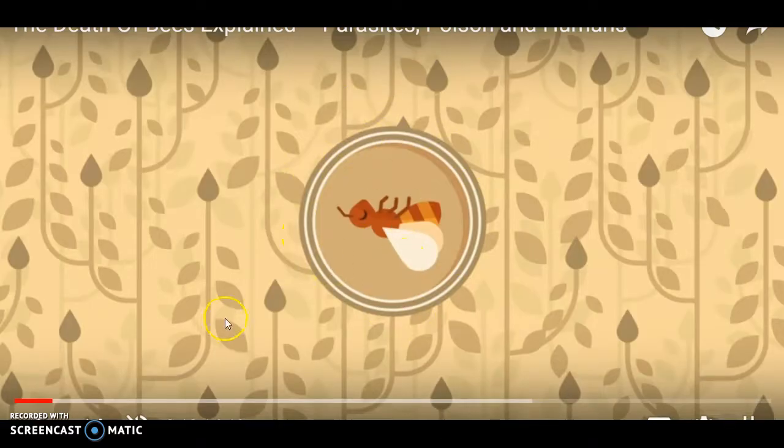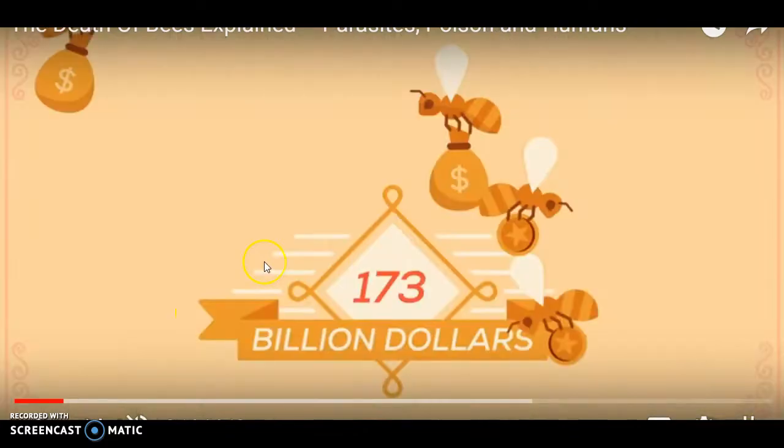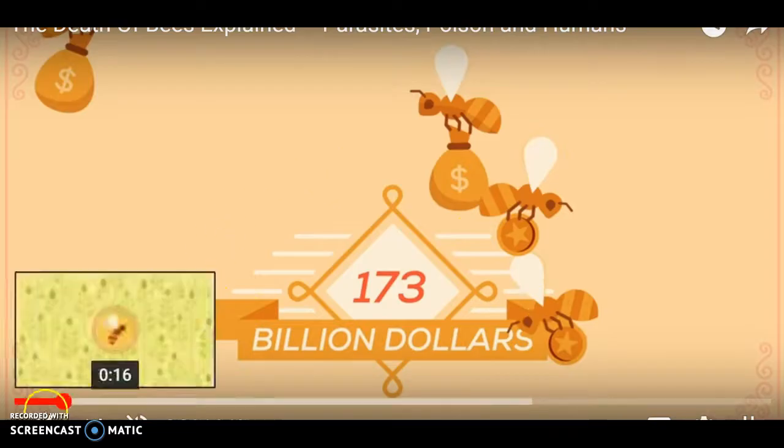Because when bees die, plants or crops might also die. Bees right now, all the bees we use, they're responsible for the world producing $173 billion. So if it weren't for bees, we would have $173 billion less.